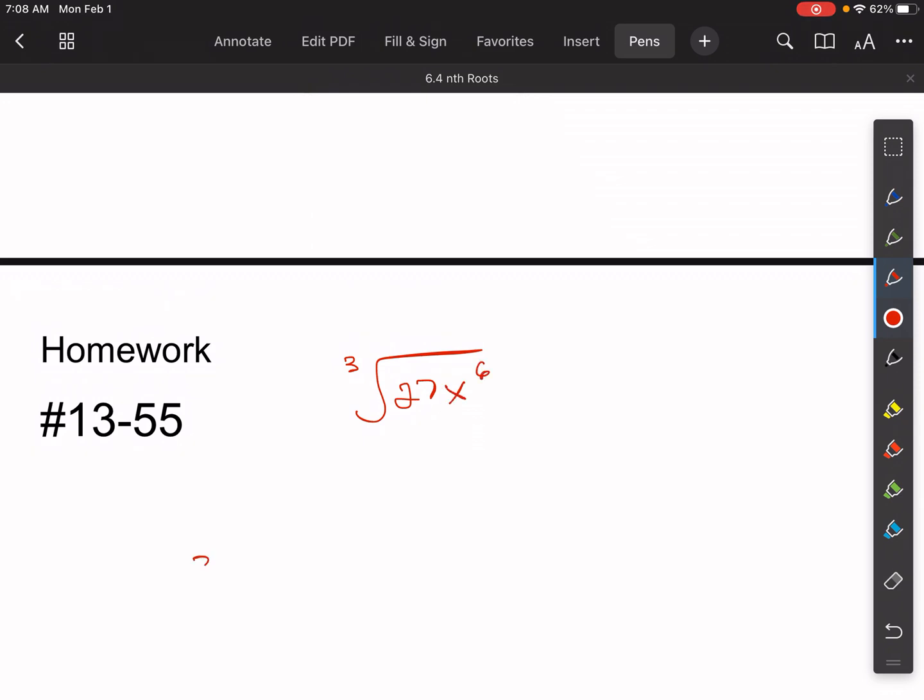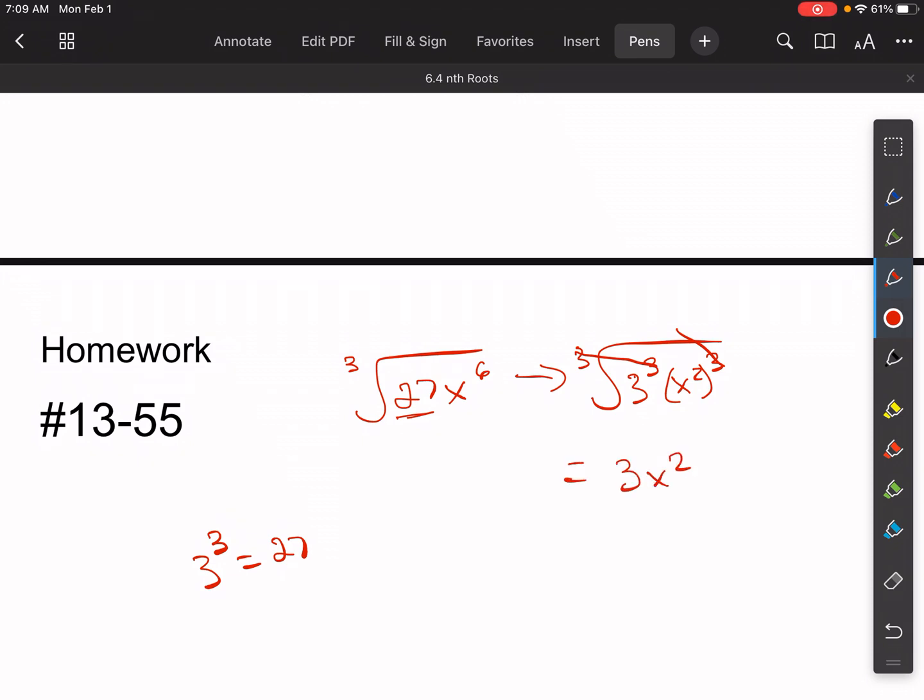I know that 3 to the 3rd power is equal to 27. So when I undo 27, you can think about that as I could rewrite this thing as the 3rd root of 3 to the 3rd power times x squared to the 3rd power. Whenever you have the 3rd root, it cancels these 3rd powers out. So when I simplify this, I would just be left with 3x squared.